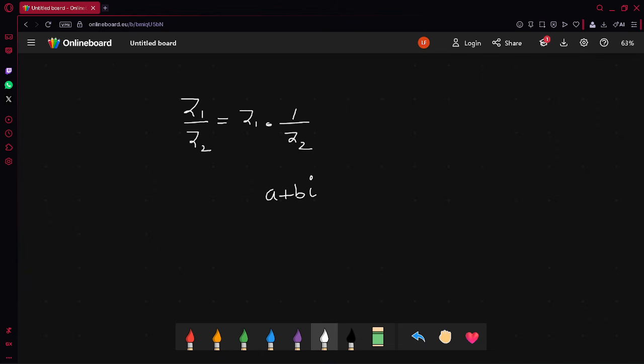Now, what do we multiply to a plus bi to make it 1? It's multiplicative inverse. So, let's say you multiply this with x to make it equal to 1. Now, what is x? X is 1 over a plus bi.